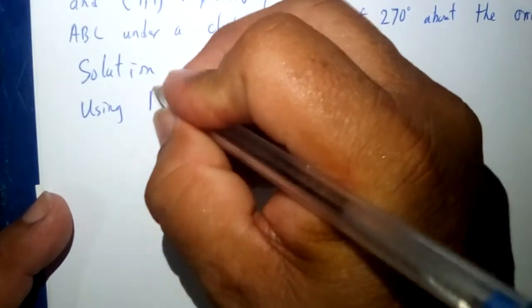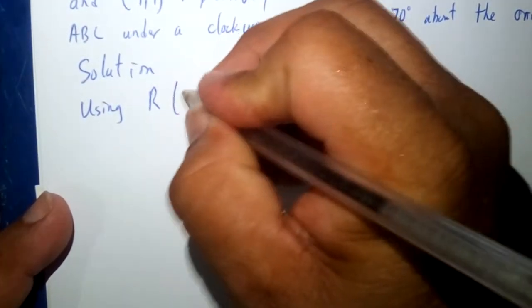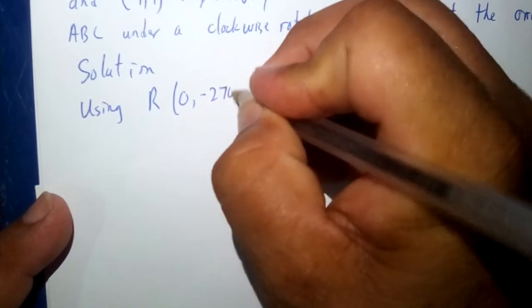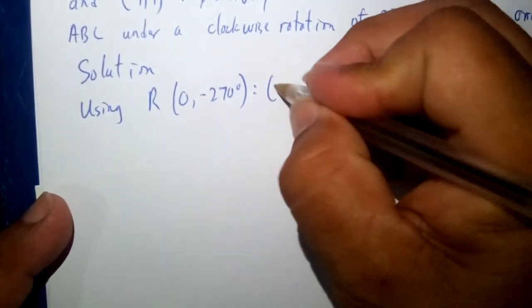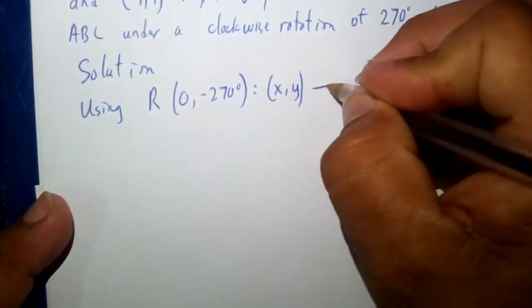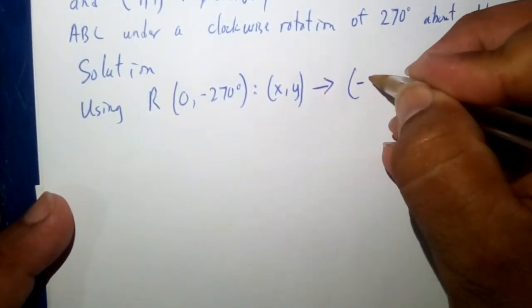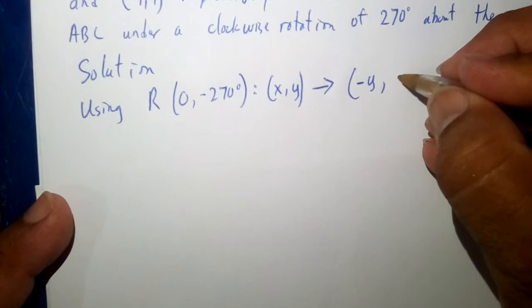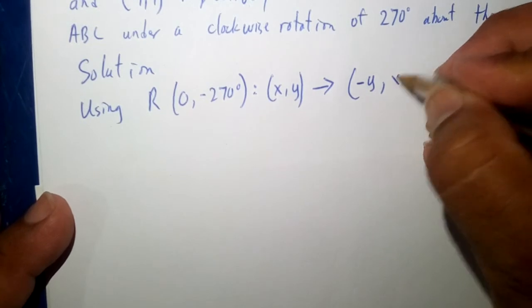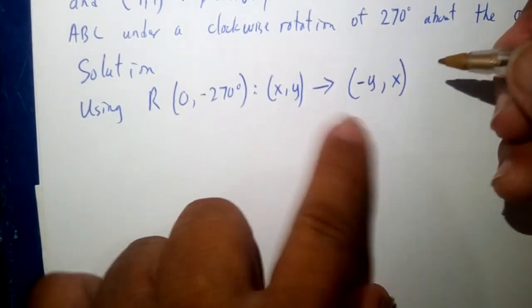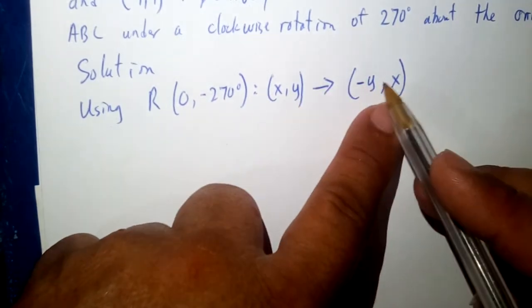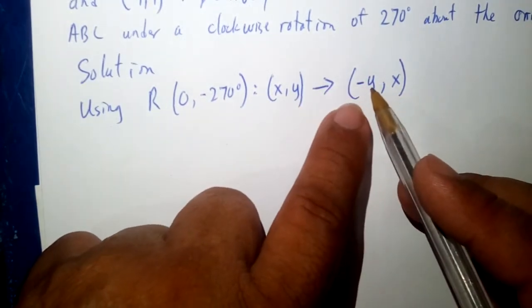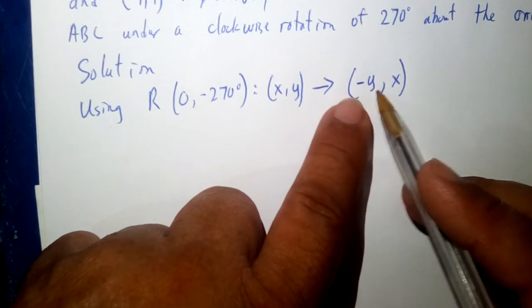Using the formula, rotation of -270 degrees with a point xy will give us the negated y and just swap the x. So how this works: you swap the x and the y and you negate the y, which will then take the place of the x value, which is this spot.